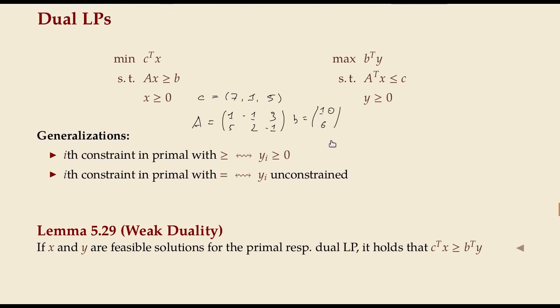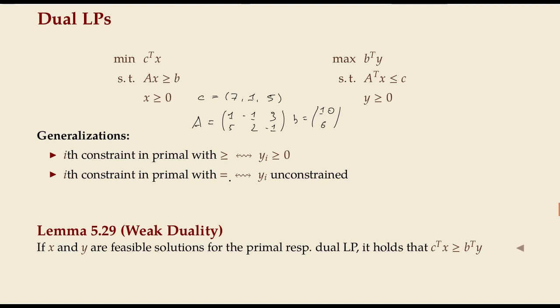Now you might wonder, if you have an LP that's not in standard form, do I have to transform it first to standard form? And the answer is, if you just want to dualize, essentially no. Because if we have inequality constraints, we have sign-constrained variables in the dual, because otherwise we would multiply an inequality with a negative number, so the inequality sign would go to the other direction.